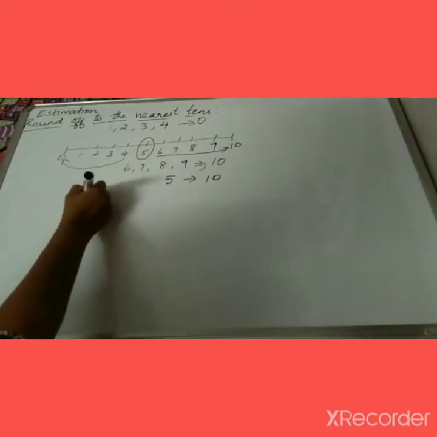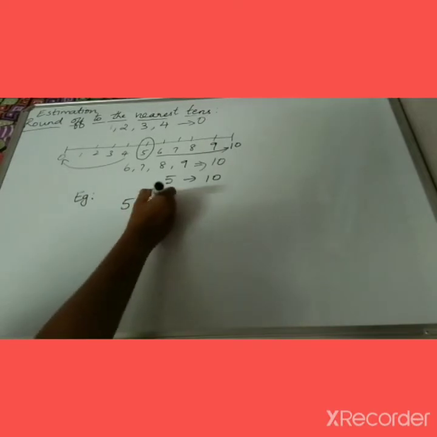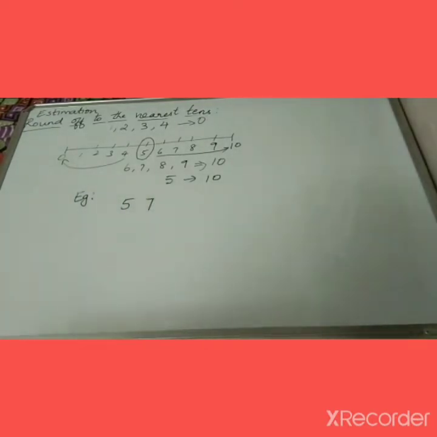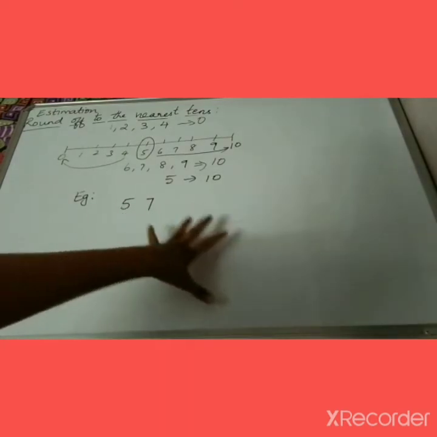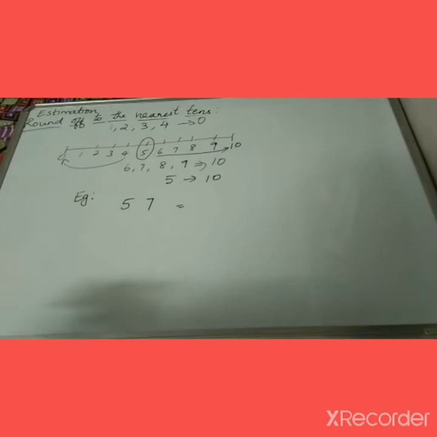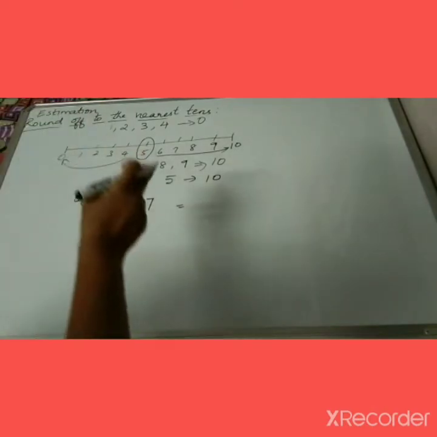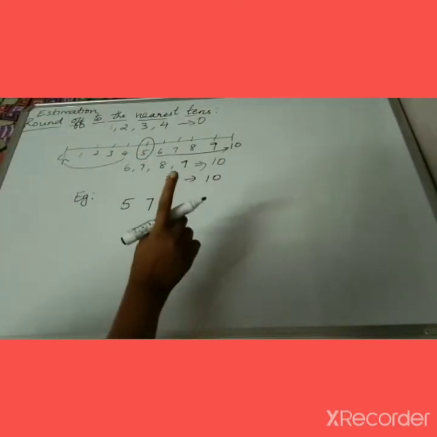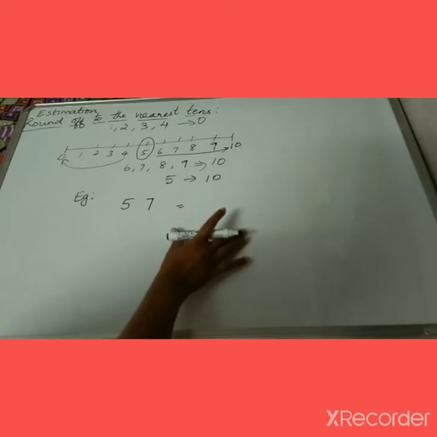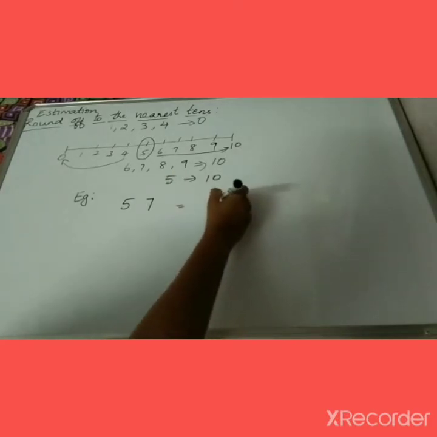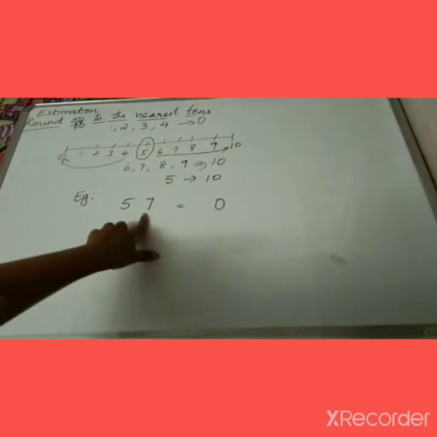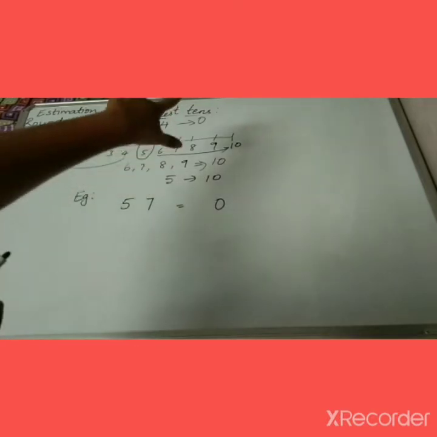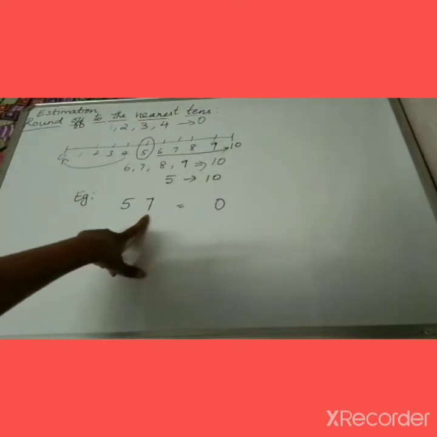Now look at this number 57. In this example, how can you round off this number to the nearest tens? For rounding off to the nearest tens, always remember that in your answer, in the ones place you will have 0 only. For rounding off to tens, you look at the ones place.